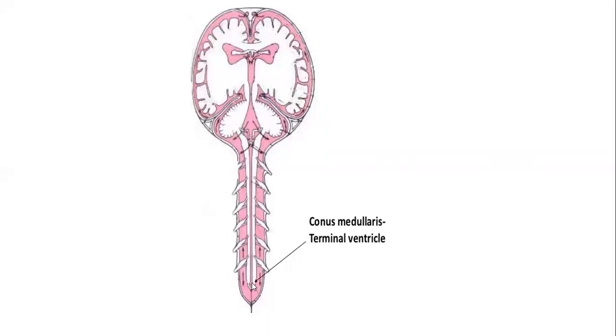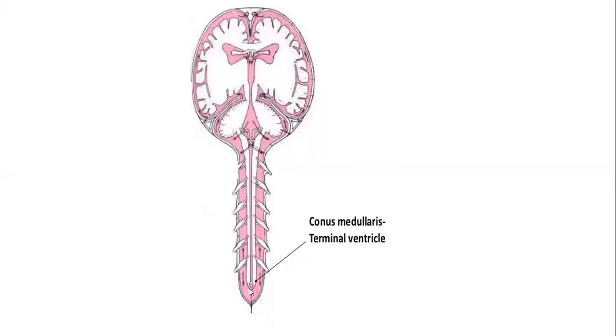Terminal ventricle comes to lie within the conus medullaris of the spinal cord, which was the tapering cone-like end of the spinal cord. And the cavity of the conus medullaris is called terminal ventricle. It may run for a short distance in the filum terminale.